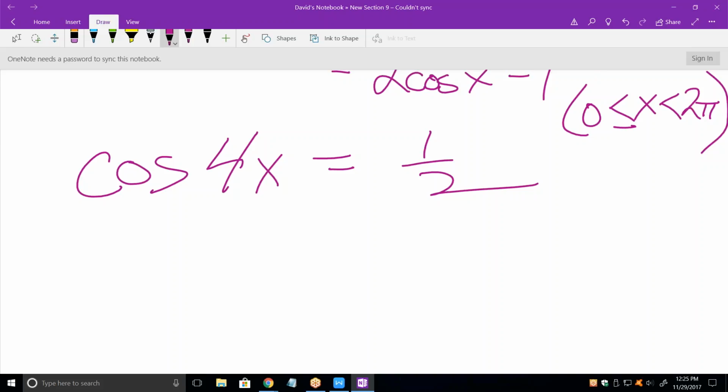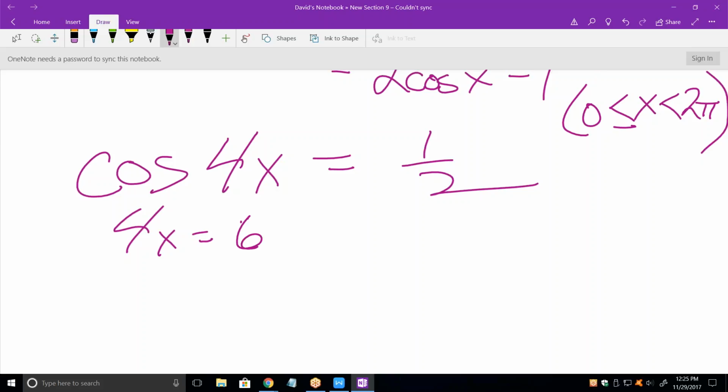Inverse cosine. Okay, so 4x equals the inverse cosine of 1/2, which is what? In degrees? 30? Use your calculator. Sine of 30 is 1/2. That means cosine of 30 cannot be 1/2. 60.